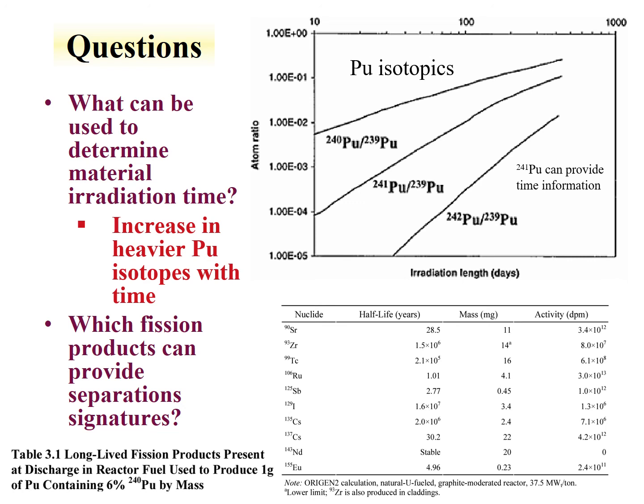One of the isotopes is even stable, the neodymium isotope. And these are fission product isotopes that are present in discharged reactor fuel used to produce 1 gram of plutonium. So for every 1 gram sample, there would be this sort of activity of these isotopes.